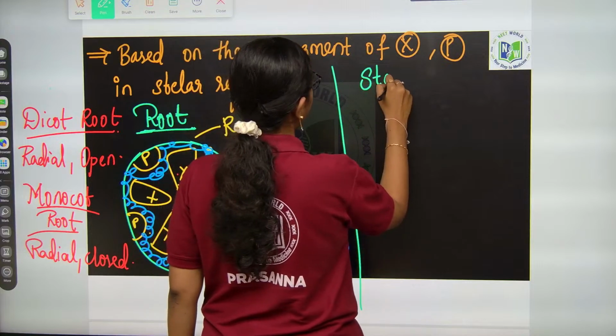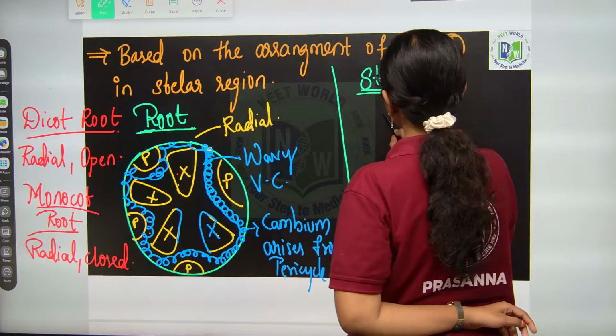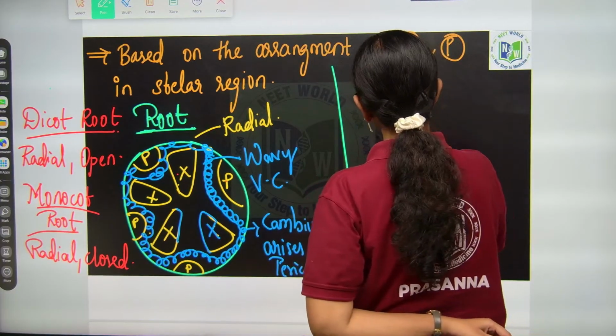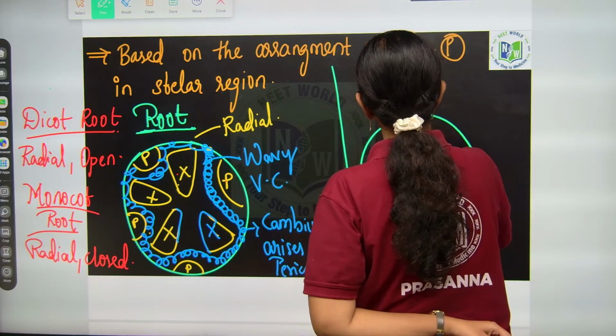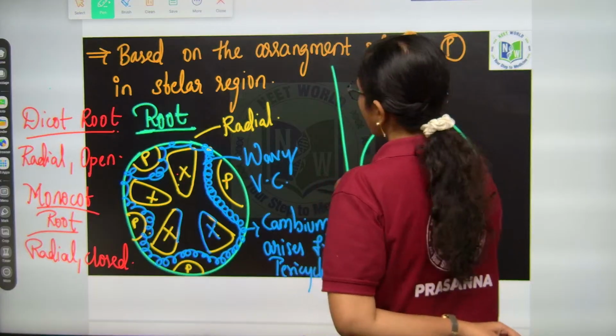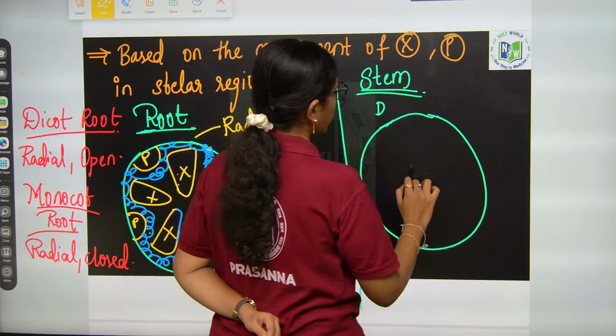Stem. So here, in stem we have both dicot stem and monocot stem. First observe the basic vascular bundle arrangement in the stellar region of the stem.